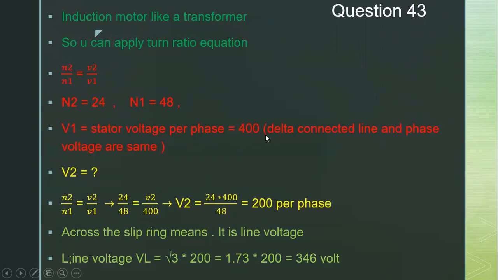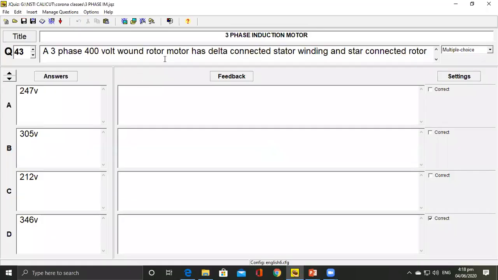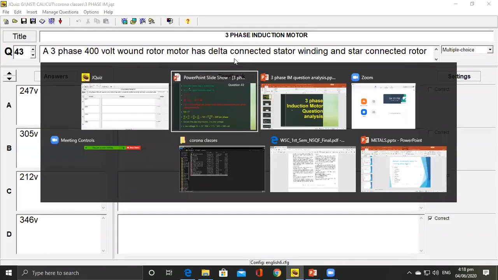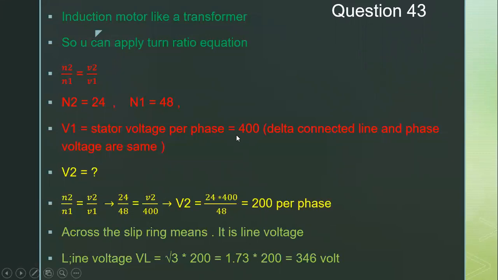The stator is delta connected, so phase voltage and line voltage will be the same in the delta connection. So stator voltage per phase is equal to 400 volts. You have to find V2, the voltage per phase in the rotor. N2 divided by N1 is equal to V2 by V1.